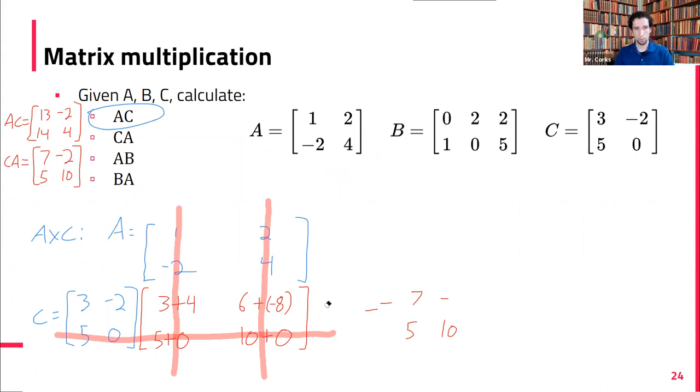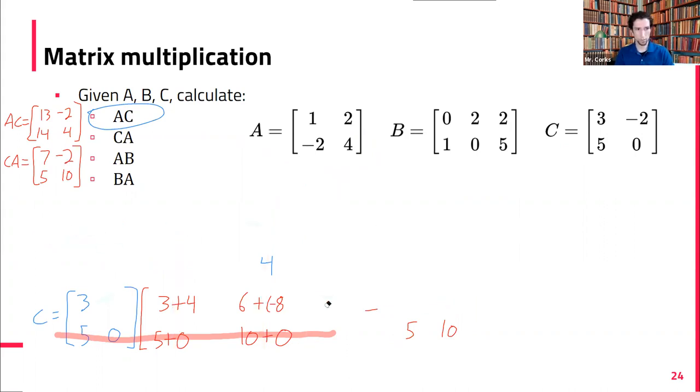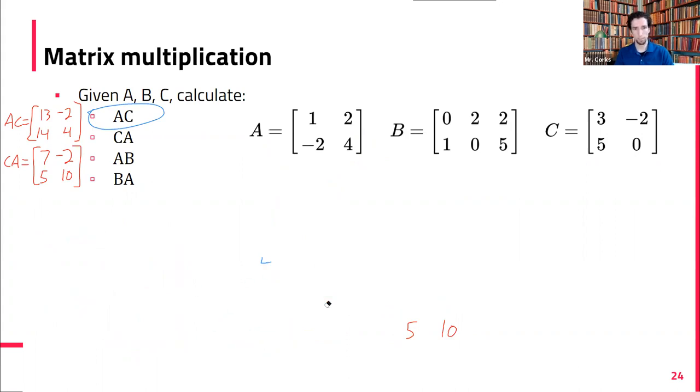All right, let's do another operation. The next two that you see, we'll do A times B, matrix A times matrix B. We note matrix A is a 2 by 2 matrix, and matrix B is a 2 by 3 matrix. So these are different sizes.